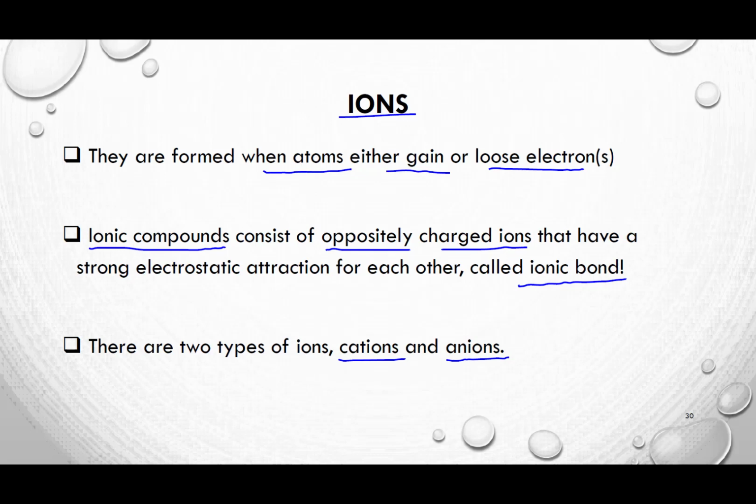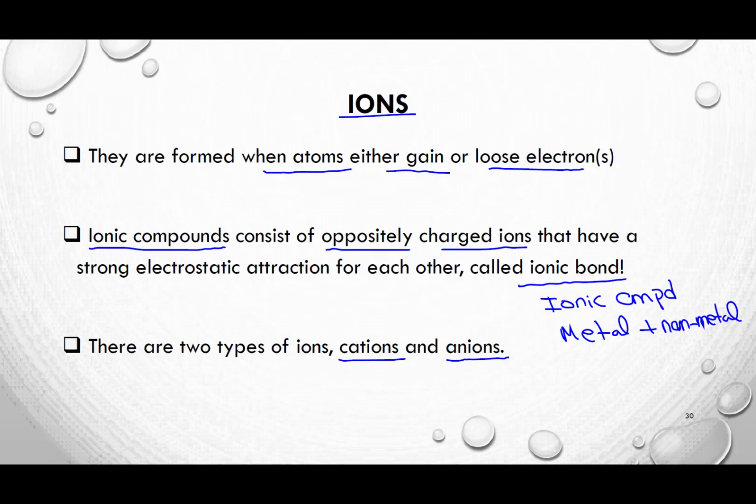Ionic compounds are made of a metal and a non-metal.